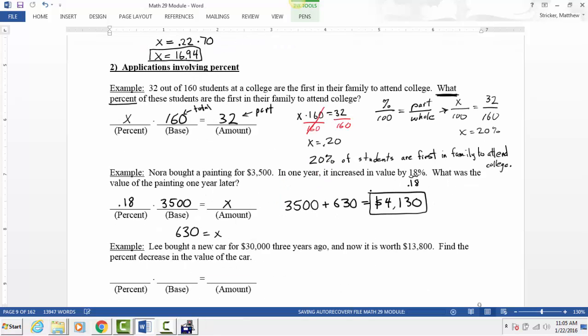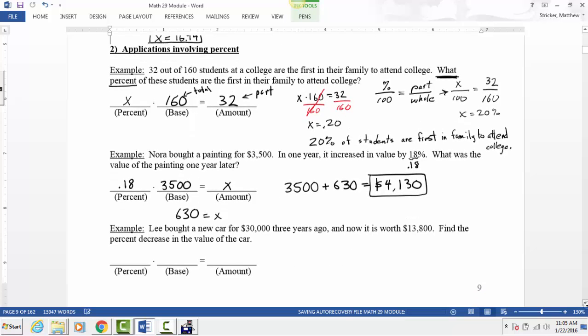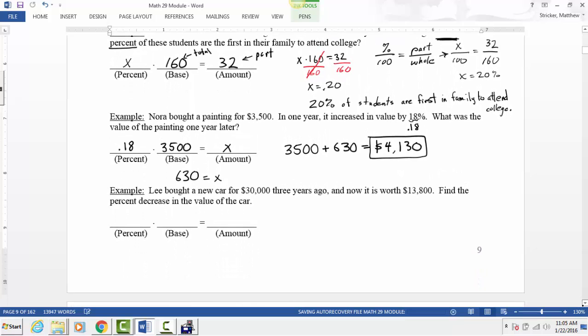Now, we have one more example here. It says Lee bought a new car for $30,000 3 years ago. Now it is worth $13,800. Find the percent of decrease in the value of the car. So we're trying to find the percent, and not just the percent, but the percent of decrease.